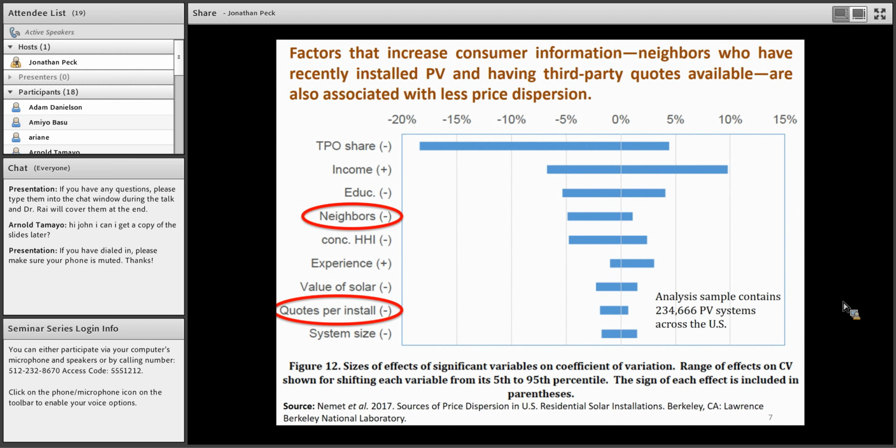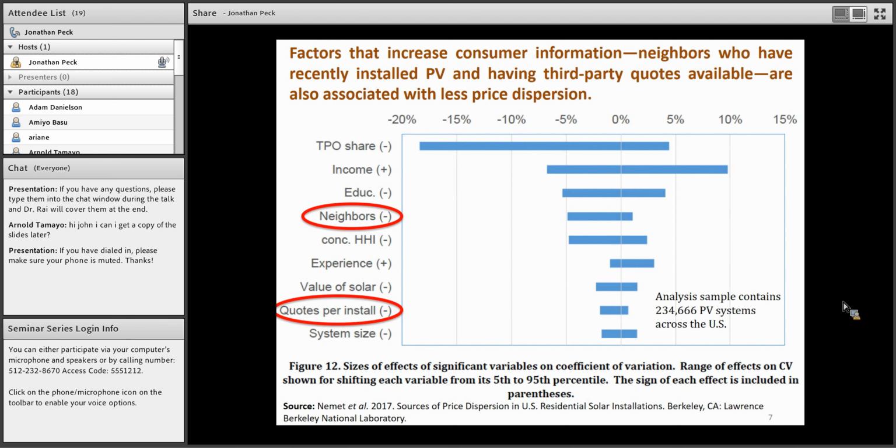Having more neighbors with installed solar systems is associated with lower variation of the prices. Likewise, getting more quotes per installation is also associated with lower variation.